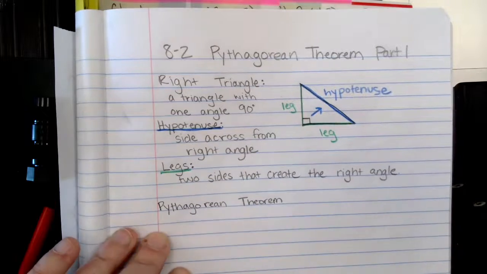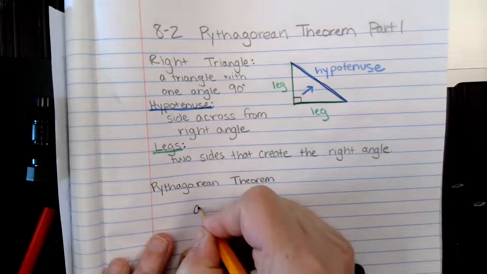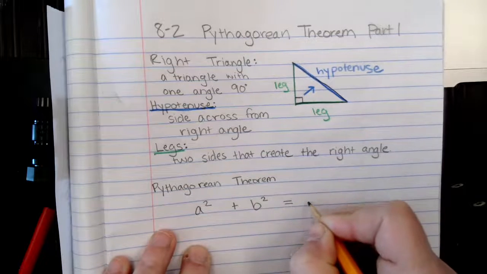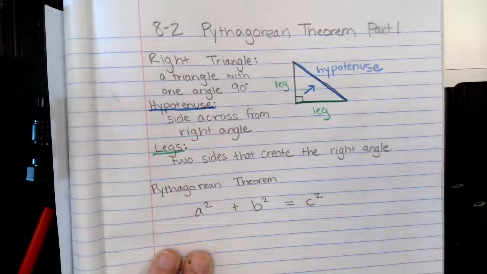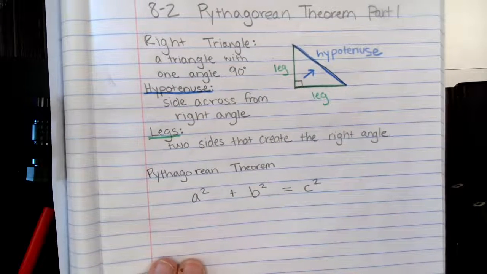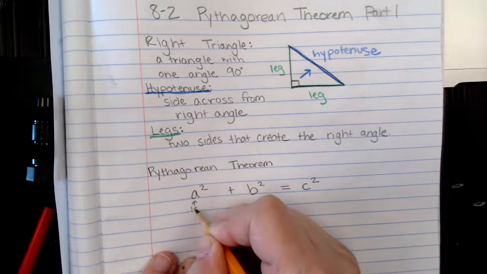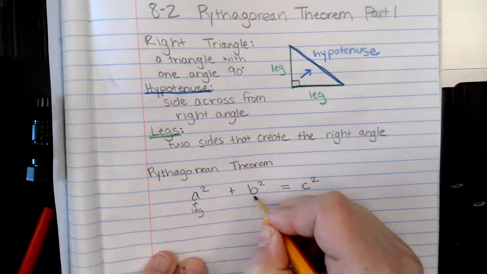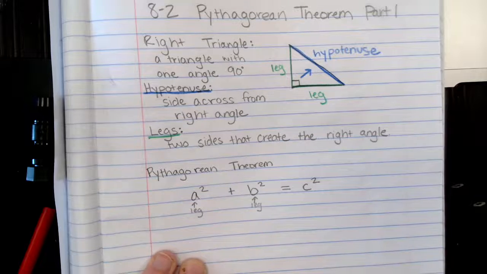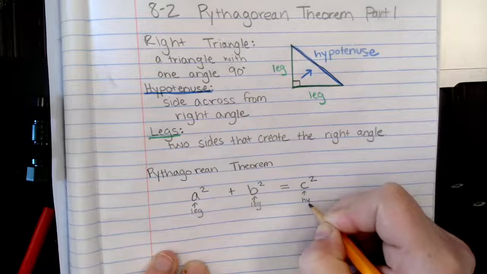What's really important about A, B, and C is A is a leg, B is a leg, which means if I have two legs, what's the last side going to be? Okay, A squared plus B squared equals C squared. That's the Pythagorean theorem. And this only works for right triangles, not angles.